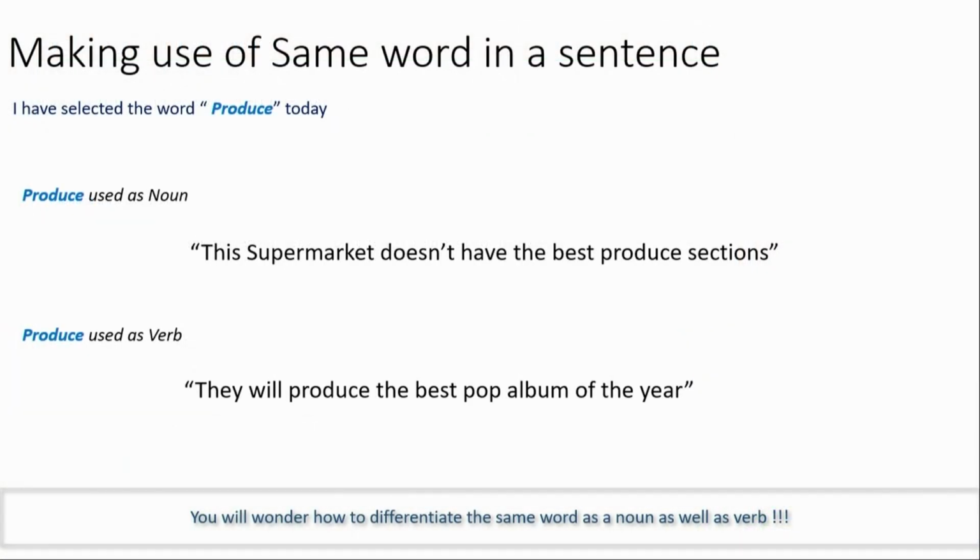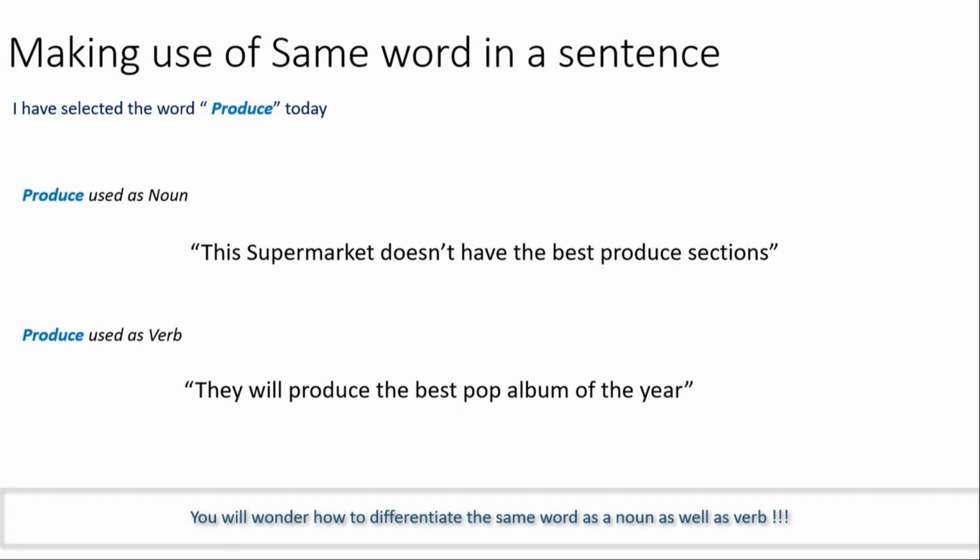Today I have chosen to make use of the same word in a sentence. I have selected produce as an example. Produce can be used as a noun and as a verb. Let us see.